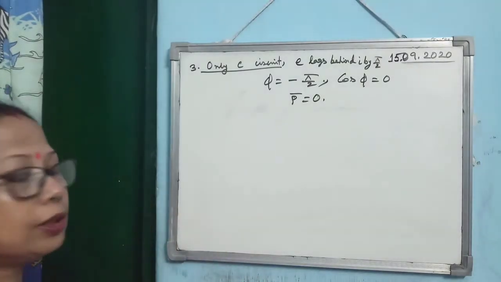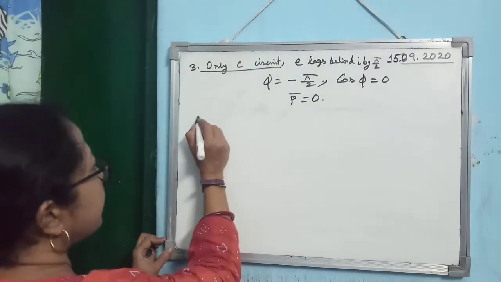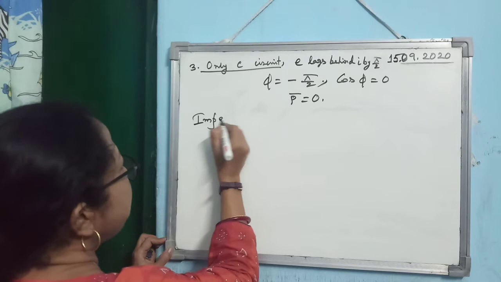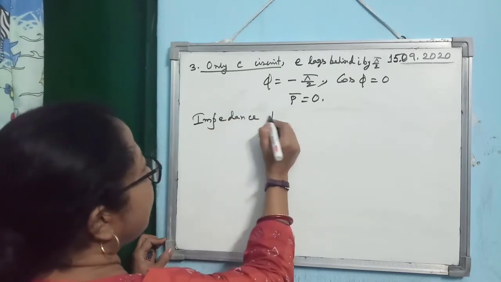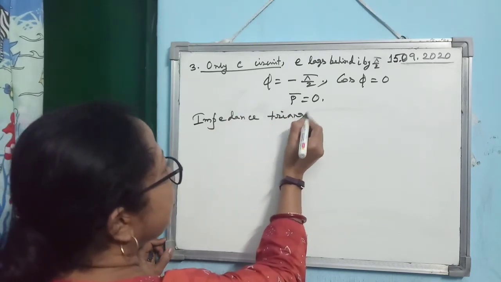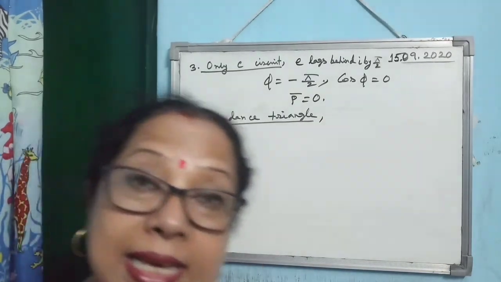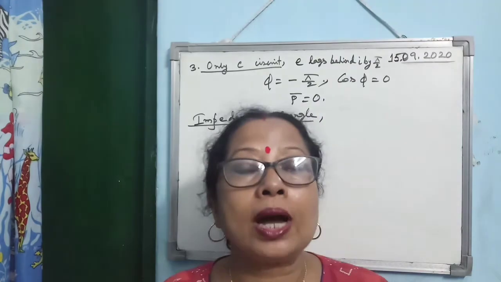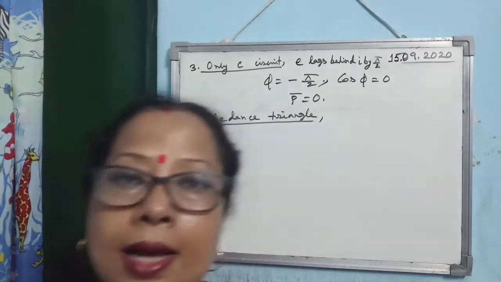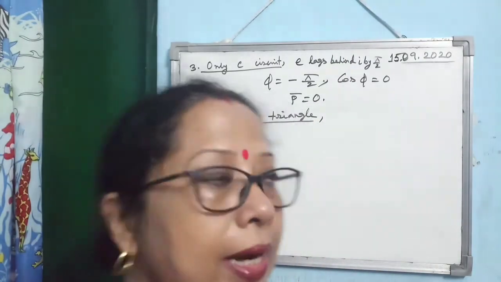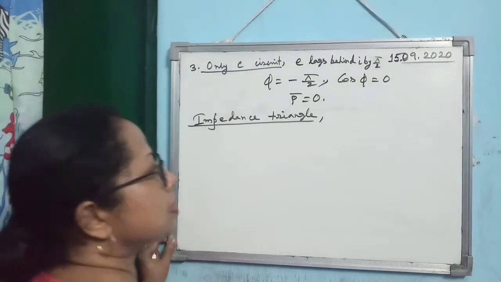Before coming to LR, CR and LCR circuit, we have to know about impedance triangle. Because by using the concept of the impedance triangle, one can find out the power factor easily when more than one component is present in an alternating circuit. So what is impedance triangle?